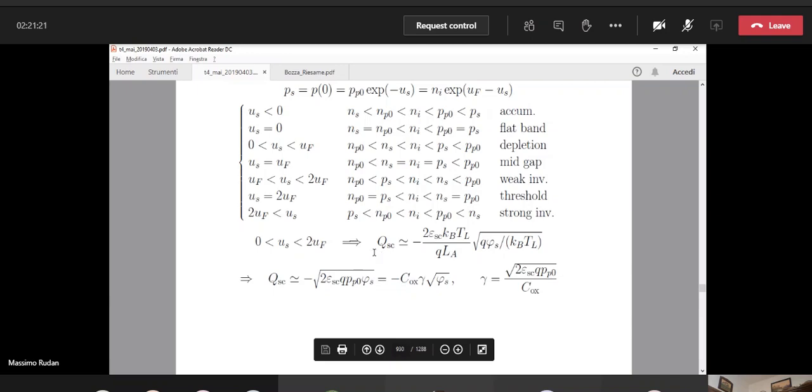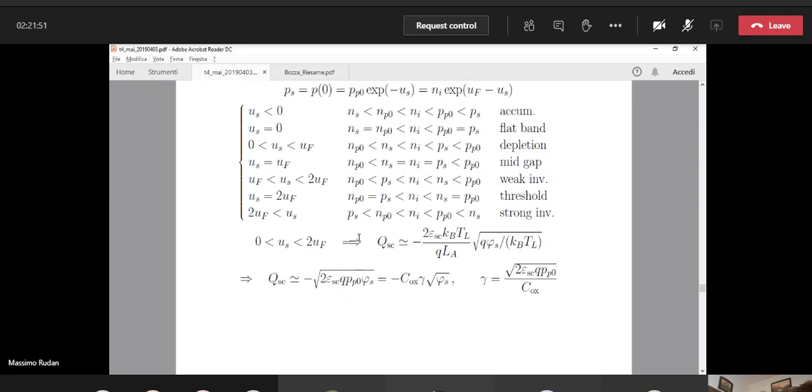Okay, so this is the approximate expression of the charge of the semiconductor per unit area that applies in the depletion and weak inversion conditions. That is when US, for a p-type substrate, is between 0 and 2 UF, okay?